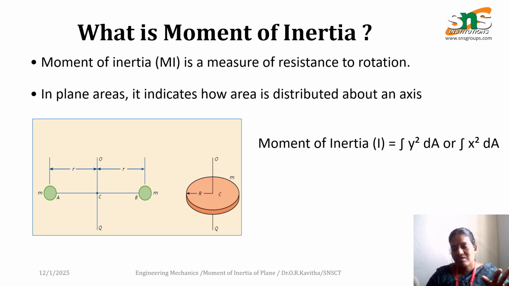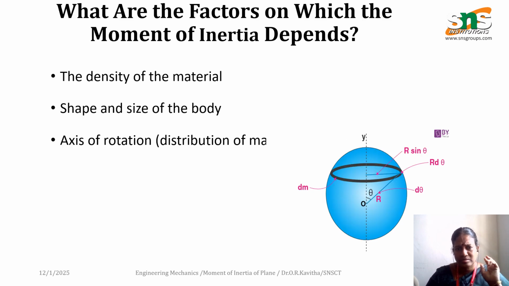We always represent the moment of inertia by the letter I, and we can use the formula integration of y square dA, depending upon the area, or integration of x square dA.